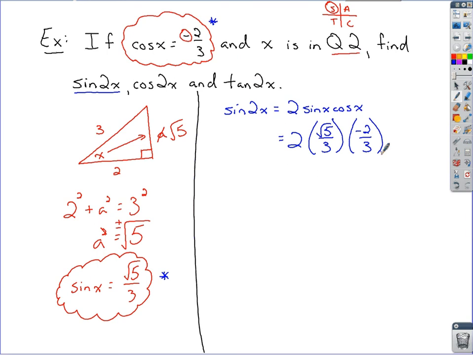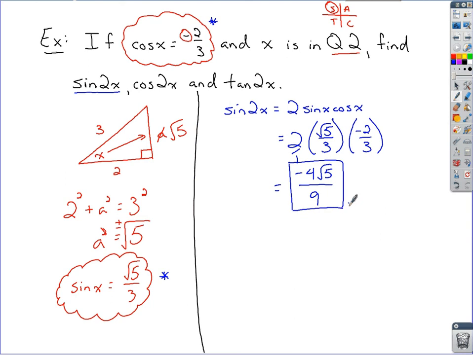I multiply all that out, and I've got the sine of 2x. So this 2 would be over 1. Multiplying through the numerators here, you got 2 times negative 2, so negative 4. Got that root 5 that's just tagging along. 1 times 3 times 3, you got 9 in your denominator. The sine of 2x would be negative 4 root 5 over 9.